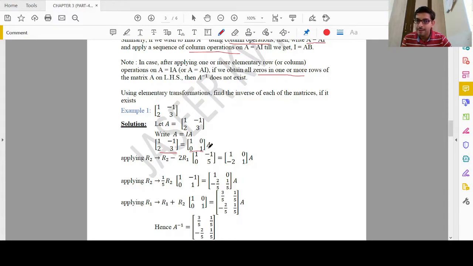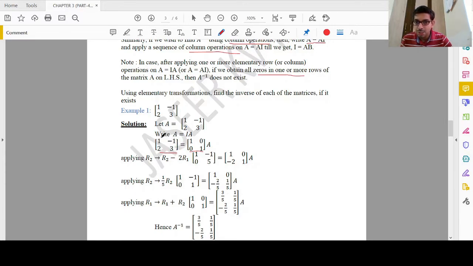And the rightmost A, since we are not applying any row transformation to the second matrix of the product, is written as A only. No need to write it as a matrix because we are not making any changes to the second matrix of the product. Our aim is to get the identity on the left hand side.